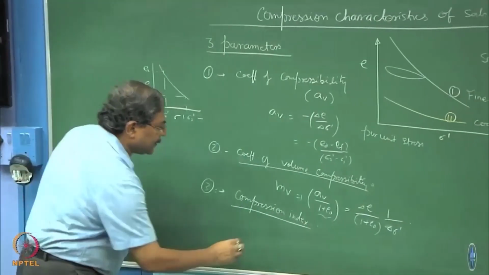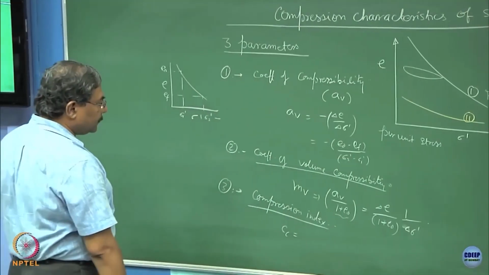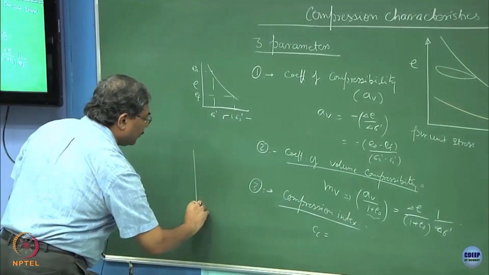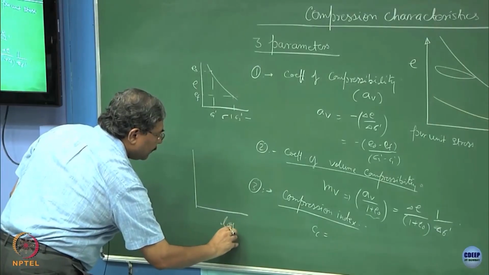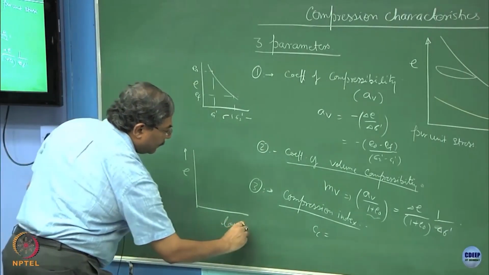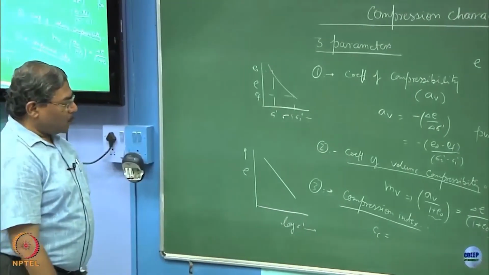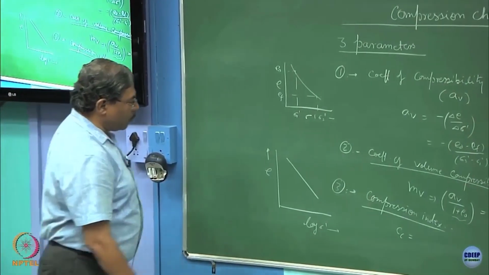This is defined as Cc, and Cc is, if I plot this data on a log scale, now this curve is going to be a linear curve or a straight line.